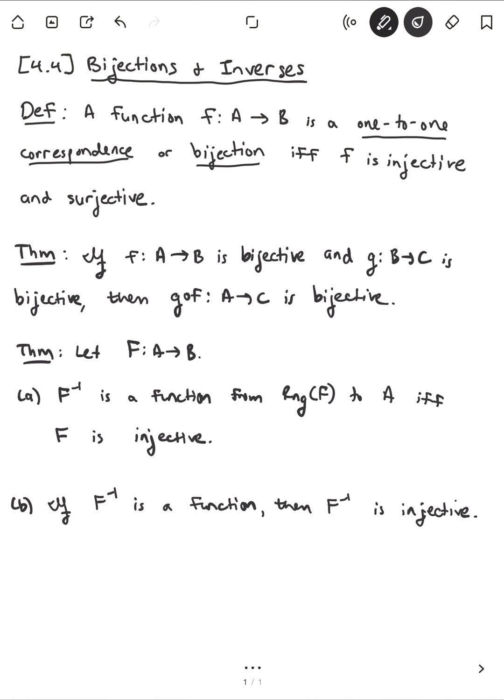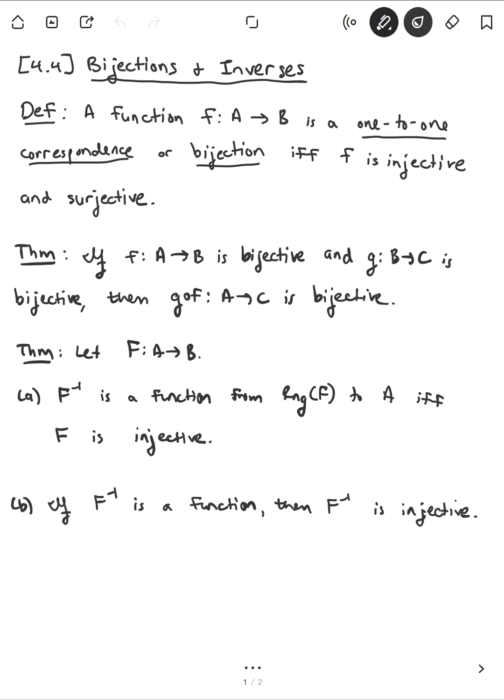Okay, yeah, we can go ahead and prove this. So proof for part A. So assume f inverse is a function from the range of f to A. Okay, so remember part A of this theorem is a biconditional statement, and so we have to prove both directions here.